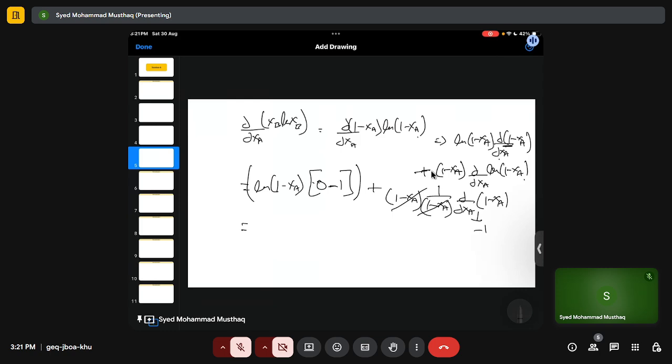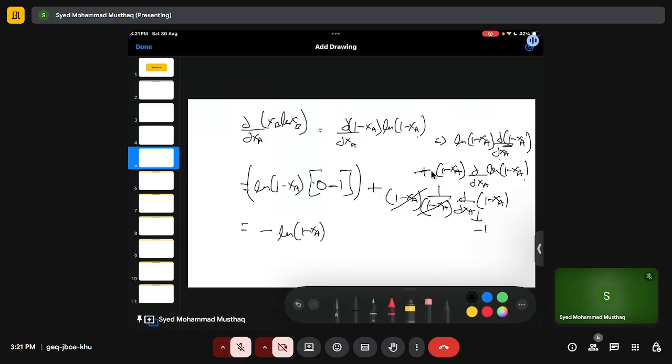Finally we have minus ln (1 minus XA), which I can directly write as XB, so I get ln XB minus 1.